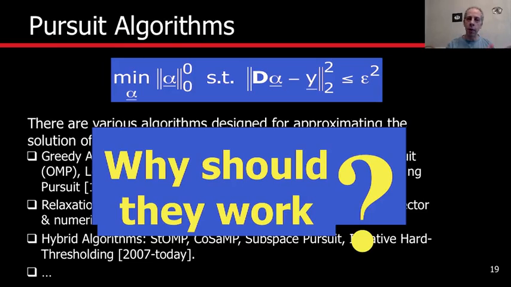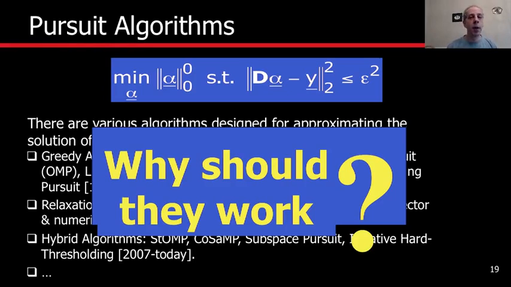Because there is theory behind them that tells us that sometimes the relaxation, although it's a relaxation, actually produces the right results. There are theories that give us conditions for that. There is theory that gives us conditions for the greedy. Although it's greedy, sometimes it produces the right result.